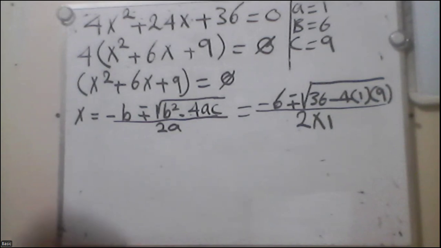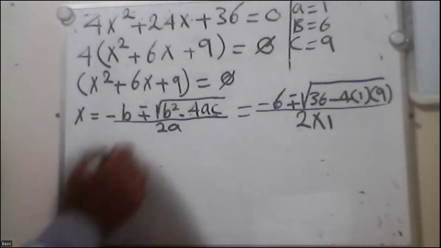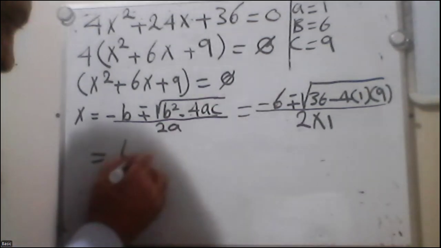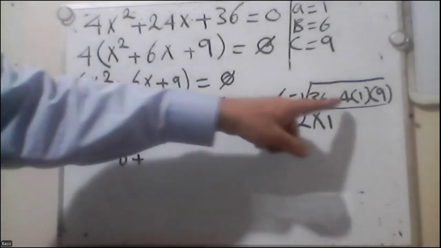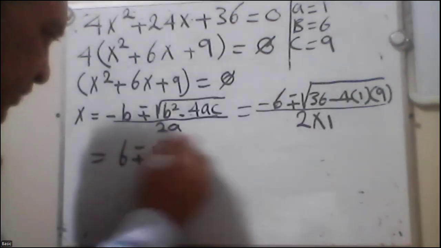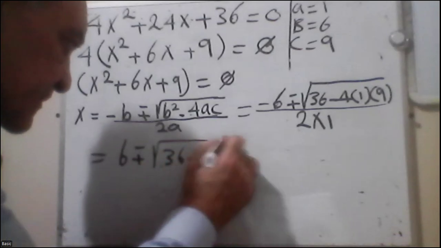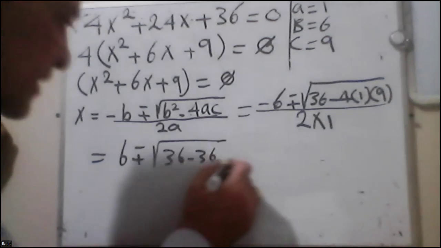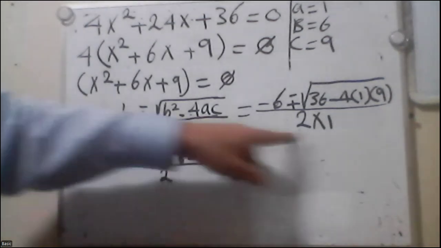Let me finish it and see how much it will be. The minus 6 is outside, plus or minus the square root of 36 minus 4 times 1 times 9, which is 36. So this will be the square root of 36 minus 36, divided by 2 times 1.